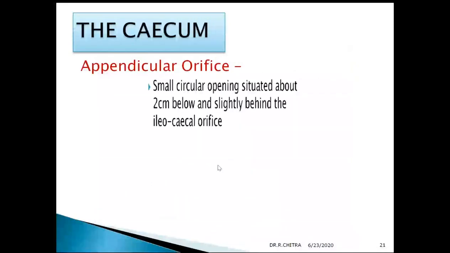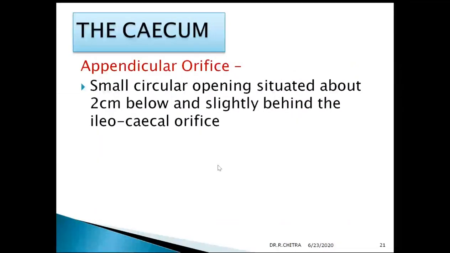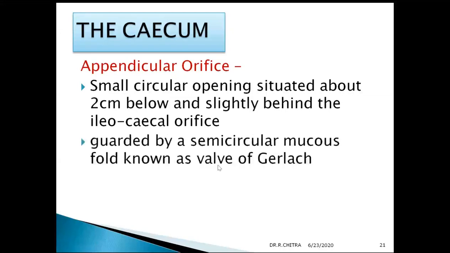It is a small circular opening situated about 2 centimeters below and slightly behind the ileocecal orifice. It has a semicircular valve called the valve of Gerlach. So this appendicular orifice has a mucosal fold that is called the valve of Gerlach.